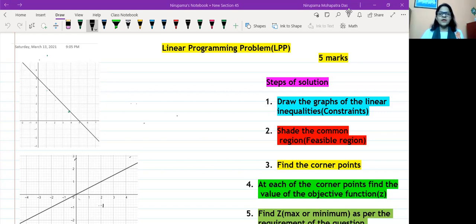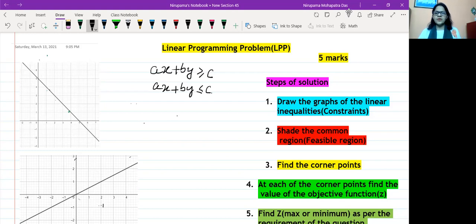Whenever we talk about constraints, linear constraints, linear inequalities, all the constraints are in the form of inequations, maybe like this: ax plus by greater than or equal to c, ax plus by less than or equal to c, where a, b, c are constants and not all 0 at the same time.